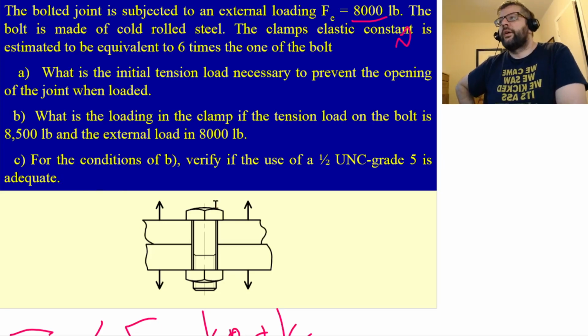So whether or not the use of that bolt is adequate will depend upon what sort of safety factor your particular project is going for. That might be fine. That might be grossly inadequate, depending upon the design criteria. But yeah, that'll be that.